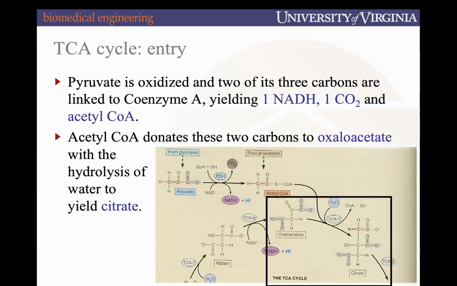What's key to note is that for acetyl-CoA, we go from the 3-carbon chain to a 2-carbon chain. One of those carbons from pyruvate is donated to produce the first carbon dioxide. The 2 carbons from acetyl-CoA are then donated to oxaloacetate to help produce, in addition with the hydrolysis of water, citrate.